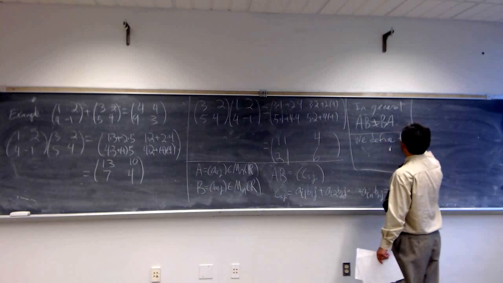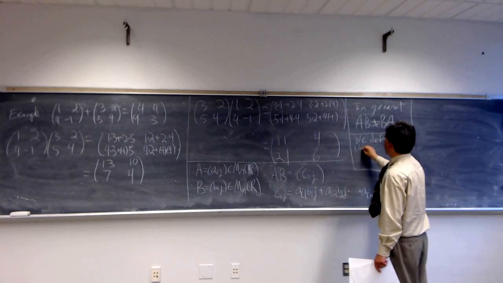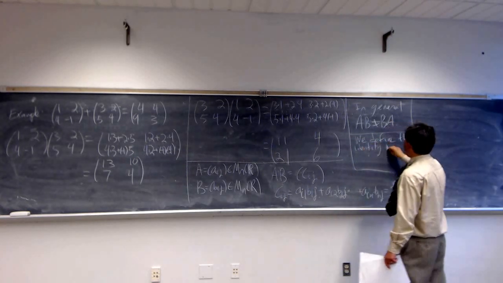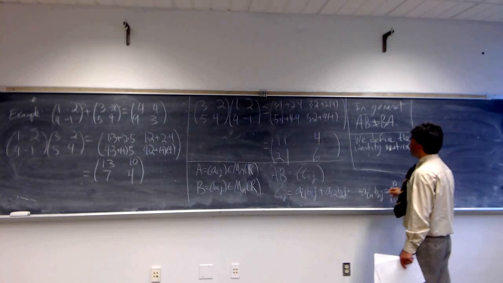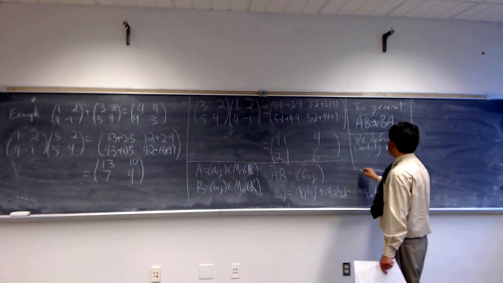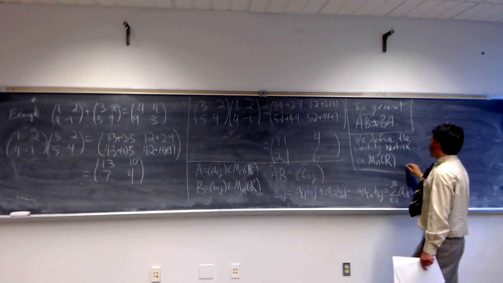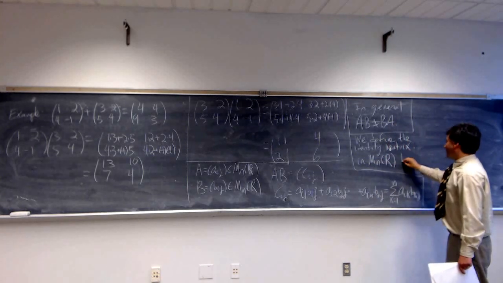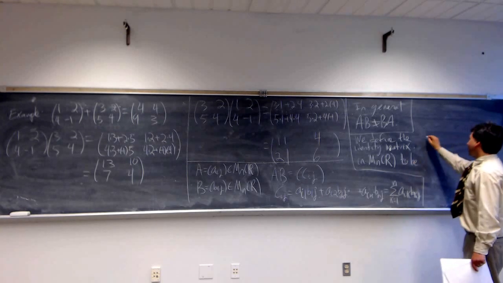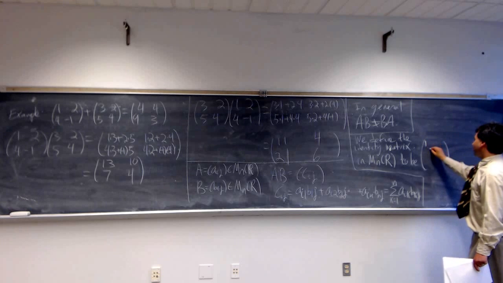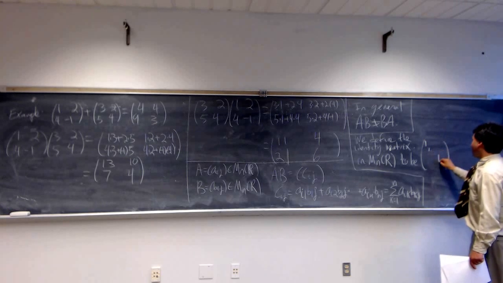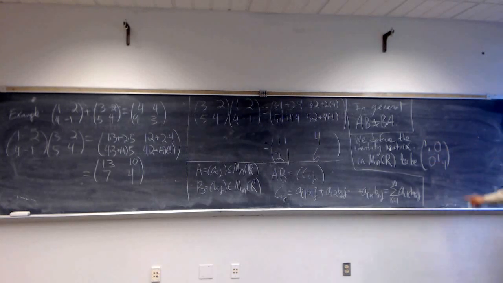So we define the identity matrix in the n by n matrix to be what we have is ones down the diagonal and 0 everywhere else.